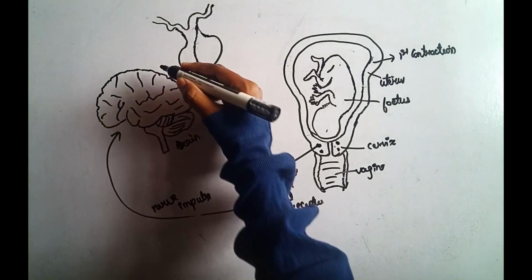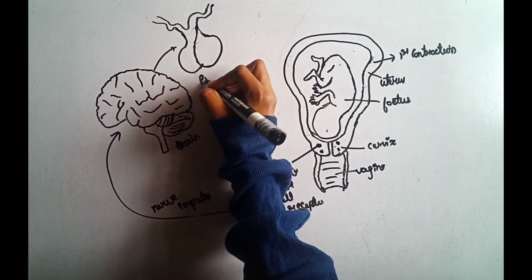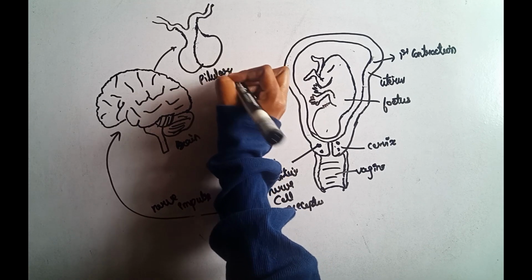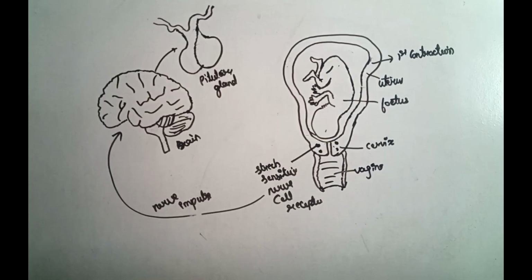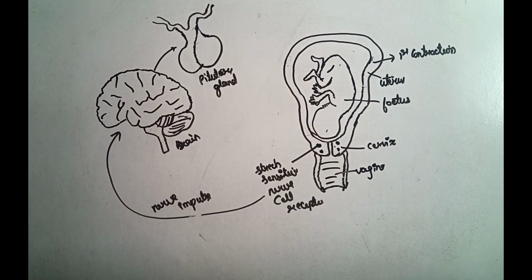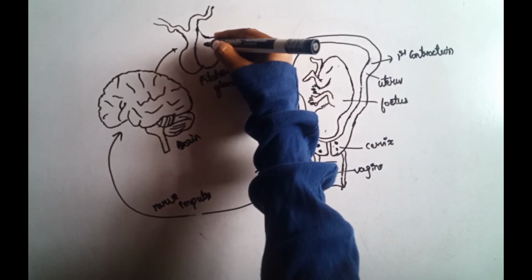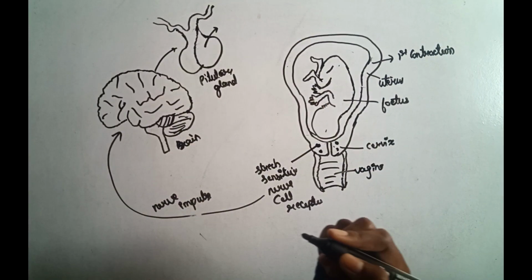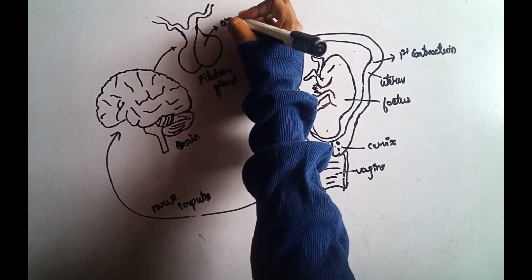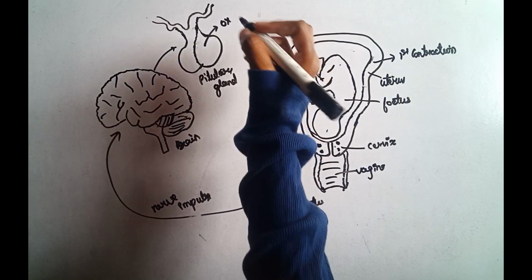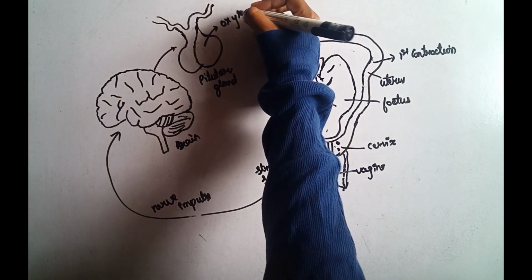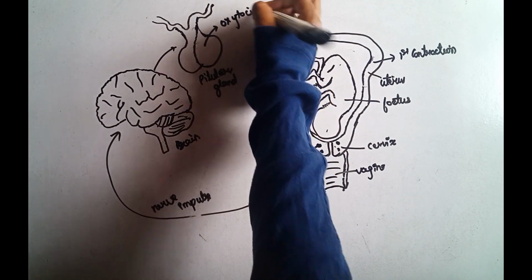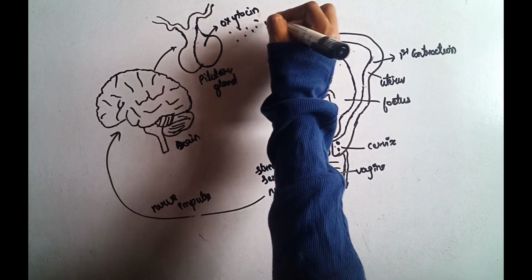So the brain sends the information to the pituitary gland, and the pituitary gland releases oxytocin. Okay, so the pituitary gland releases the oxytocin into the blood.